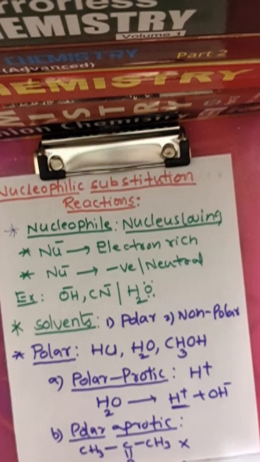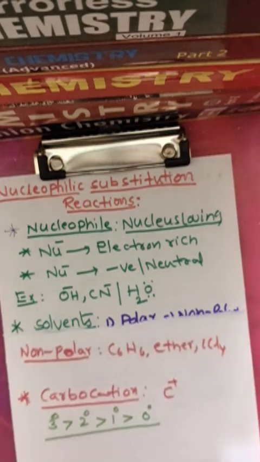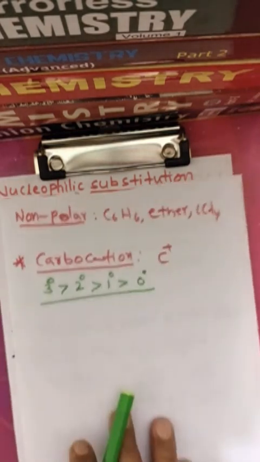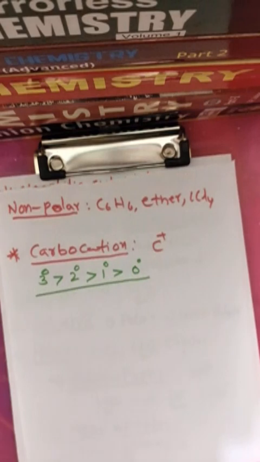Polar protic can donate H plus, like water. Polar aprotic can't donate, like acetone. Non-polar solvents are like benzene, carbon tetrachloride, ether.